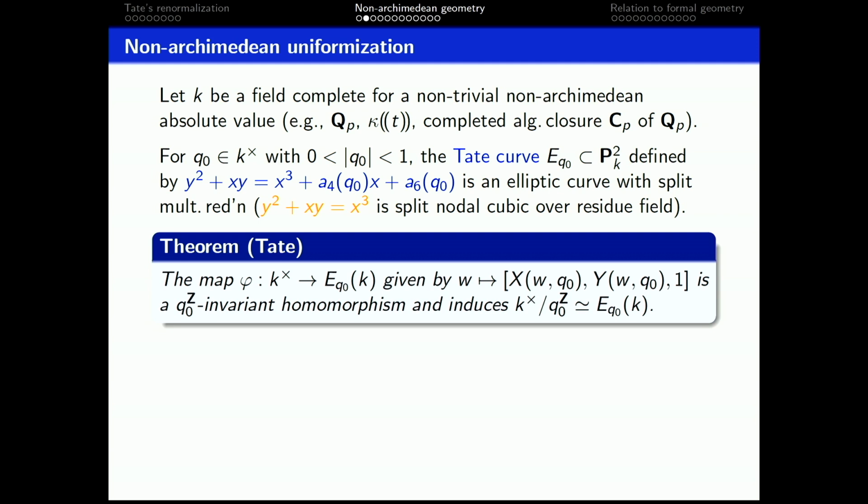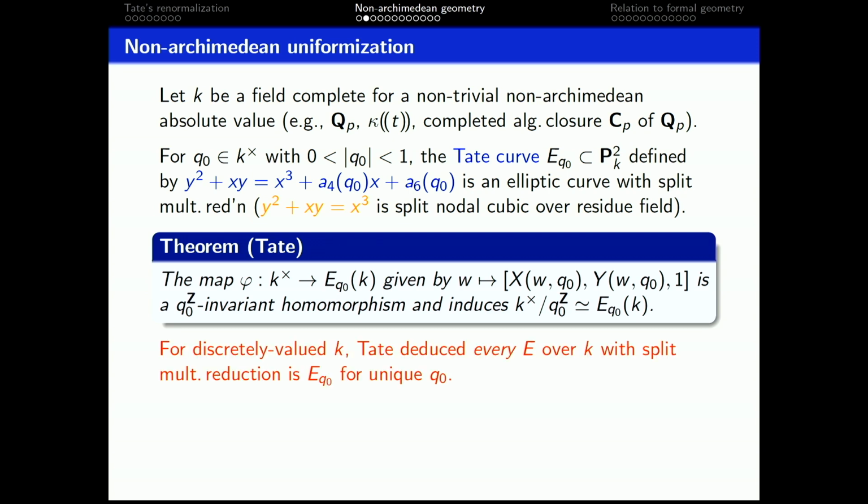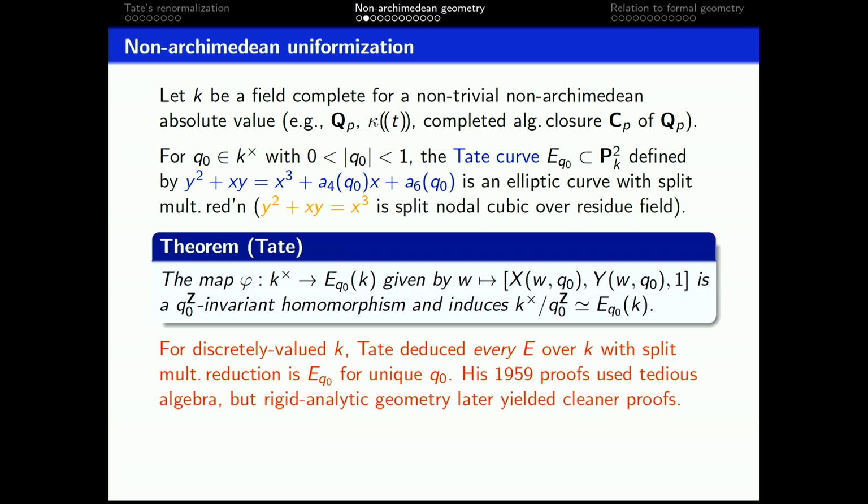And in particular, he was able to show that this gave an exact description of all the rational points by means of this renormalization. And in fact, Tate proved conversely that if you started with an elliptic curve that has split multiplicative reduction, then in fact it has this form for a unique q_0 in the punctured unit disk.